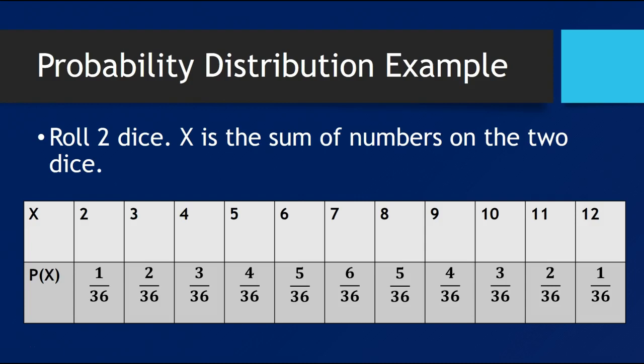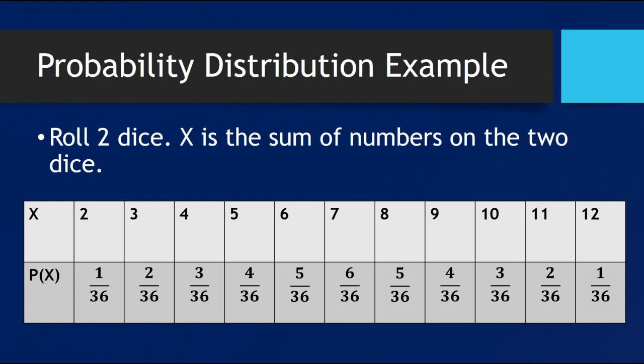So how many of those add to the number 2? Well, there's only one out of the 36 combinations that add to the number 2, and that's if both of our dice are ones. So if I roll, let's say, a green and a red die, if the green die lands on a 1 and the red die lands on a 1, then the sum is 2.